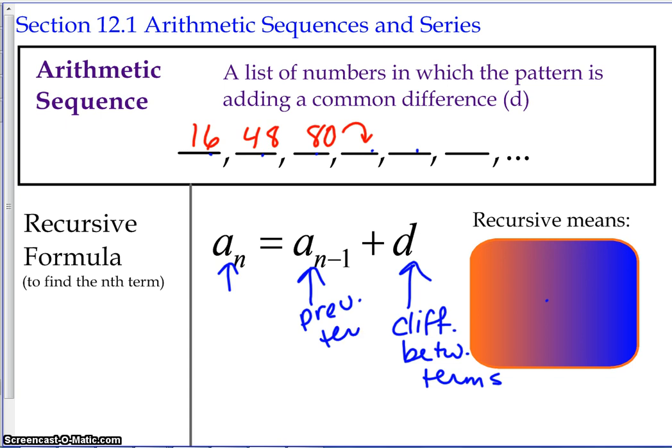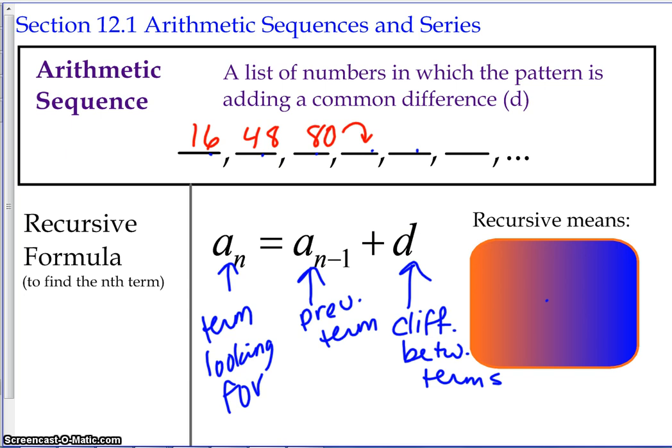And the a sub n is the term we're looking for. So if I was looking for the 6th term, it's just the 5th term plus the difference.